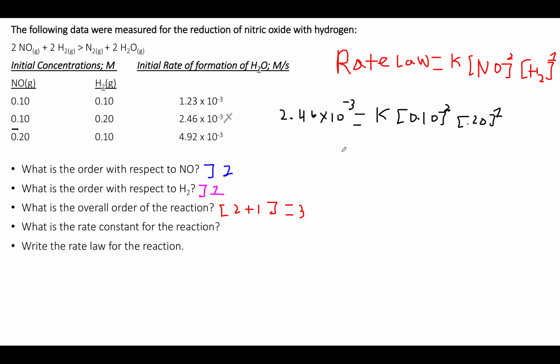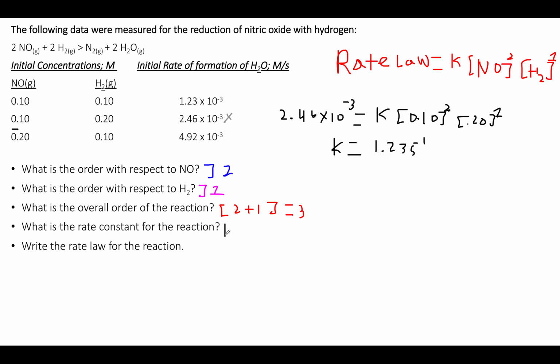So here I'm just going to solve for K. So when I do that, I'm going to take 0.1 and square it, times that by 0.2, then take the rate, 2.46 times 10 to the negative third, and divide it by that number, which is 0.002. So I get K for this reaction to be 1.23, and this is in inverse seconds.